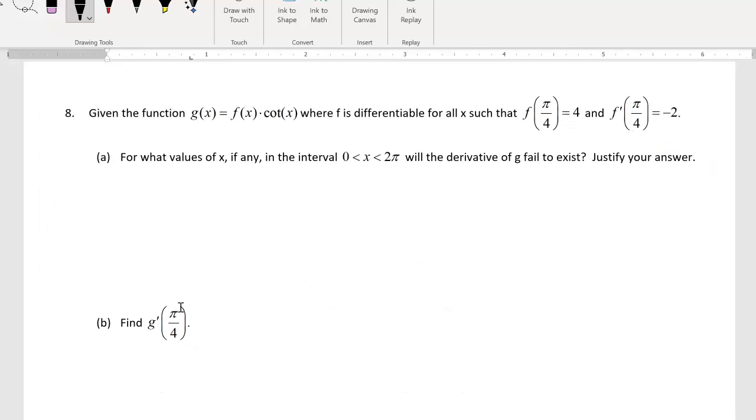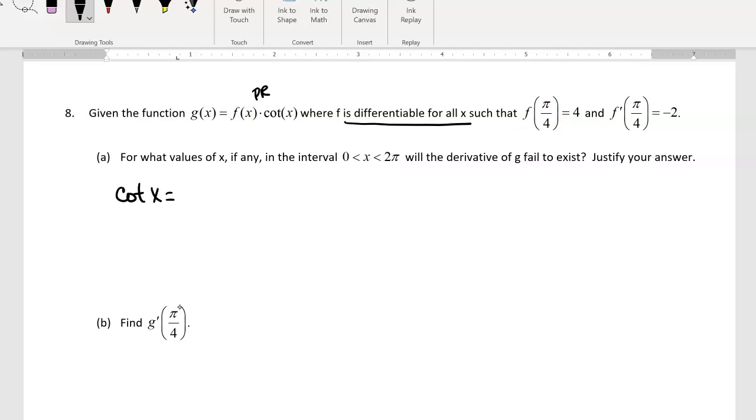Okay. For what values of x over the open interval 0 to 2 pi will the derivative of g fail to exist? G is the product of f and cotangent. It says f is differentiable for all x, so I'm not worried about f. I'm just concerned about cotangent. So let's take a look at cotangent of x.